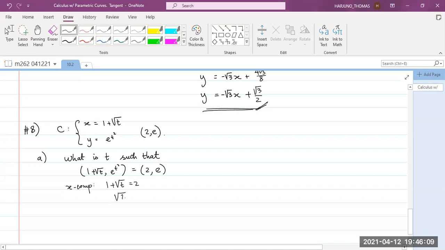So square root of t equals 1, then t must be 1. And we can confirm that with the y component. Okay, e to the t squared equals e. It means t squared equals 1, t equals plus or minus 1. From here we see that t equals 1.